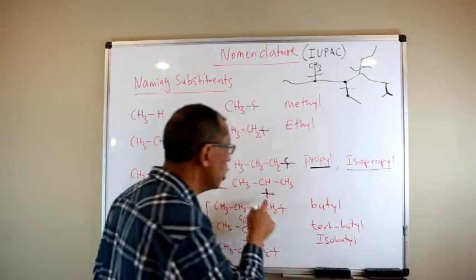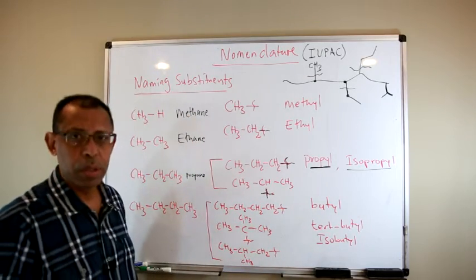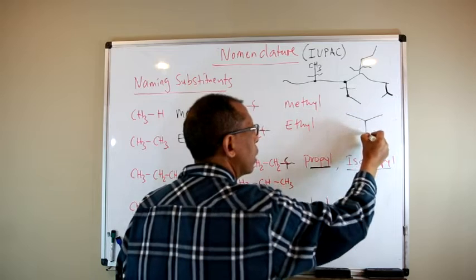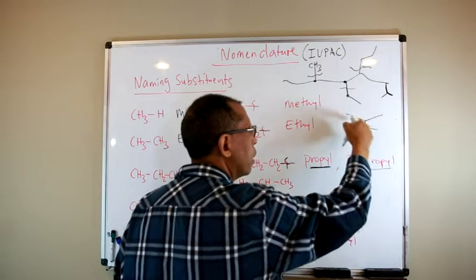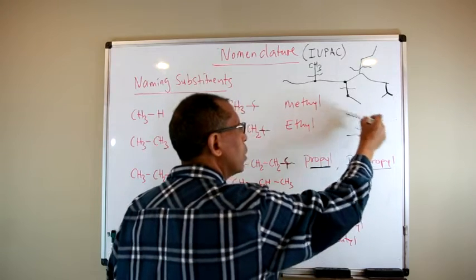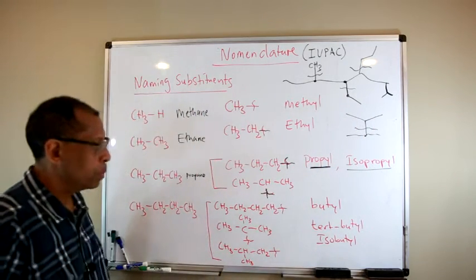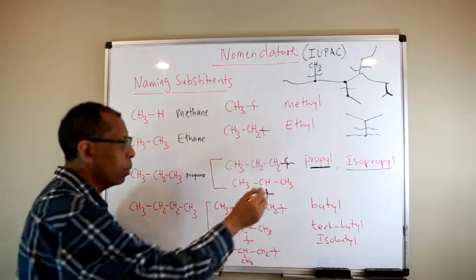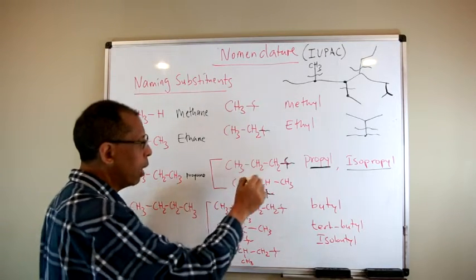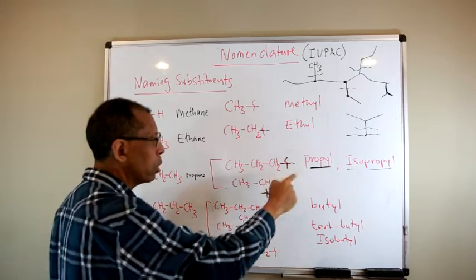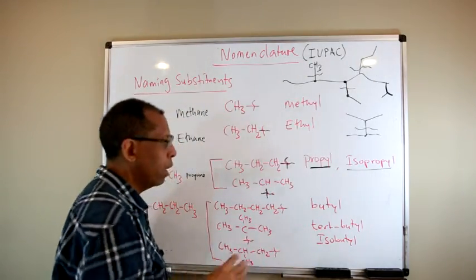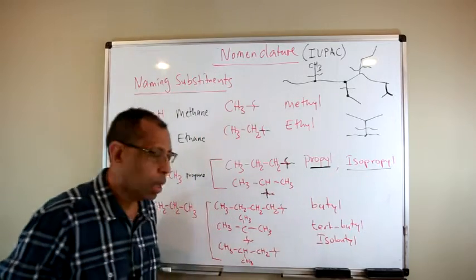It is a branched kind of substituent, so you are substituting it right there on the chain. So for propane, or 3 carbons, you can have two kinds of substituents. One is normal propyl, just a straight chain, or you can have an isopropyl.